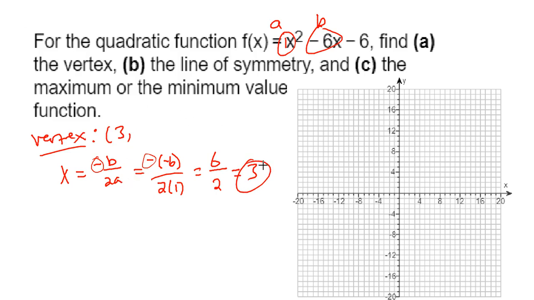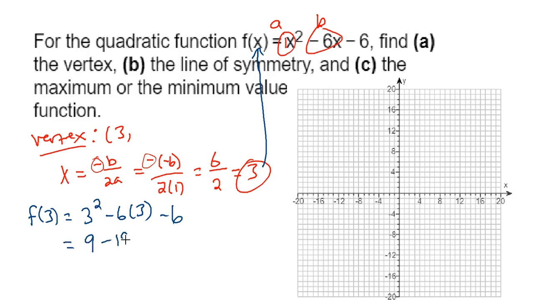To find the y-coordinate, we take this value for x and we plug it into the equation. So we'll have f of 3 equals 3 squared minus 6 times 3 minus 6. And so that's going to give me 9 minus 18 minus 6. Let's try writing that 6 again one more time.